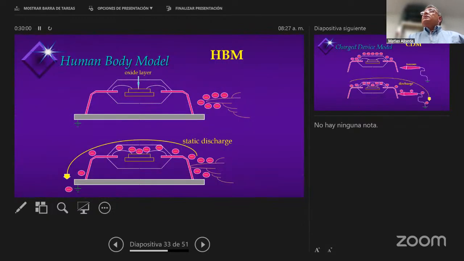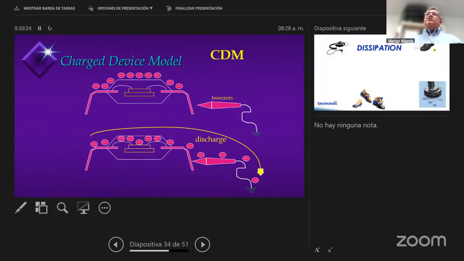The human body model is when you are not grounded, not using a wrist strap or heel grounder, and you have charge and touch the semiconductor, and the energy transfers through the PC board or the semiconductors. So we have to be grounded. In the charged device model, I am not the bad guy, but someone put the device ungrounded and something induced charge on the device.